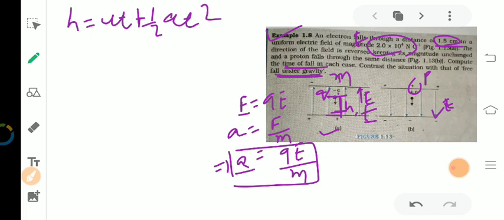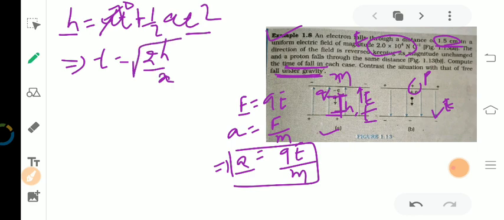As the particle is initially at rest, u is going to be 0, so this part is 0. If you want to find t, the time taken to fall height h, then the formula for t is going to be the square root of 2h divided by a.